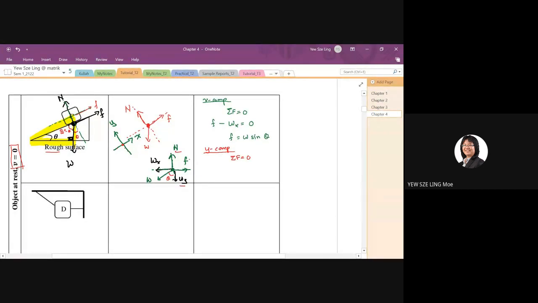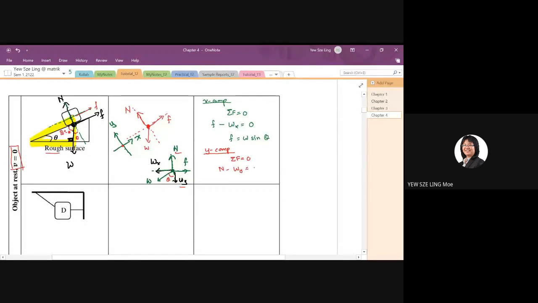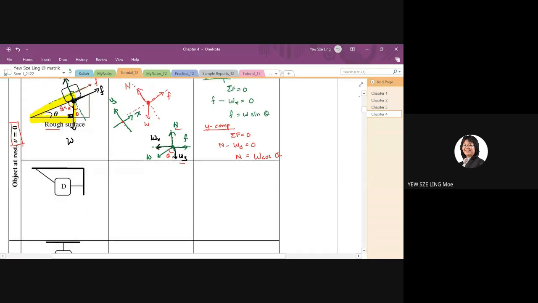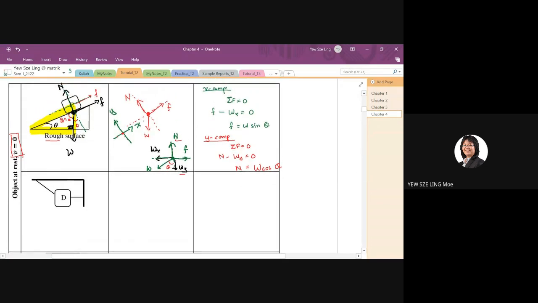N is going up, therefore I use N minus Wy equals to 0. N is then equals to W cos theta because my angle is beside the y-axis. So that is question number 1.